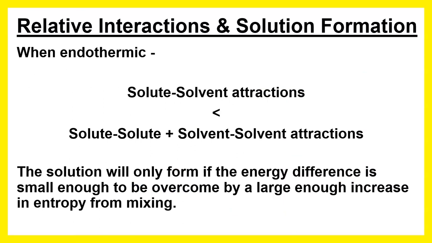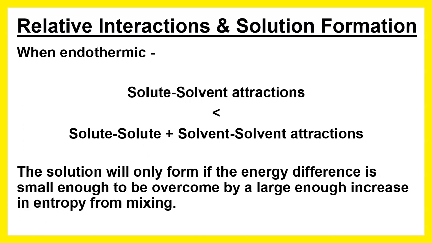So you can think of it in terms of when we're endothermic, your solute and solvent attractions are not as good as the solute and then the solvent. And if you think all the way back to our thermodynamics chapter, remember energy is only one part of this.